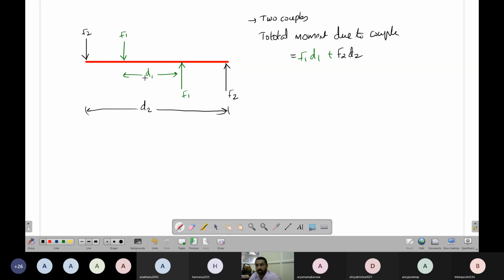Each couple moment is the force into the perpendicular distance between the forces. What they are telling is that this can be replaced by a single couple.